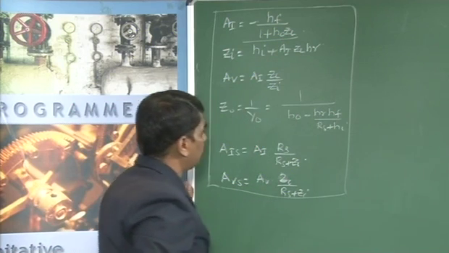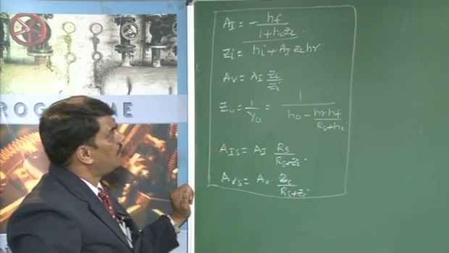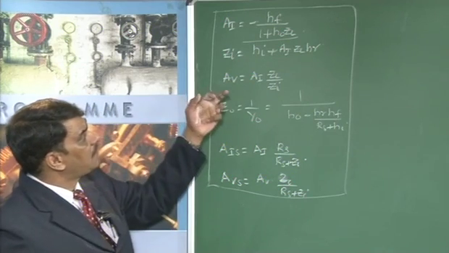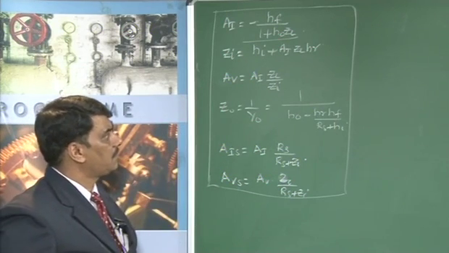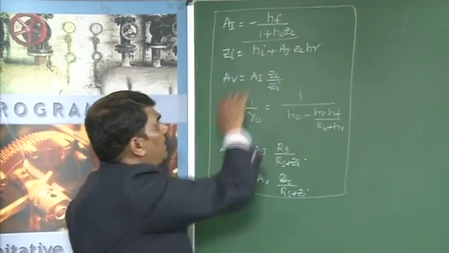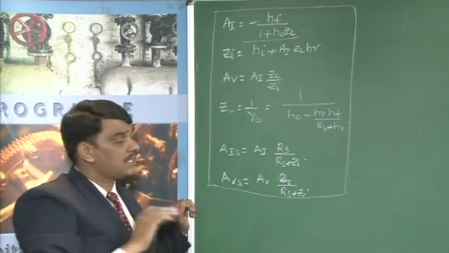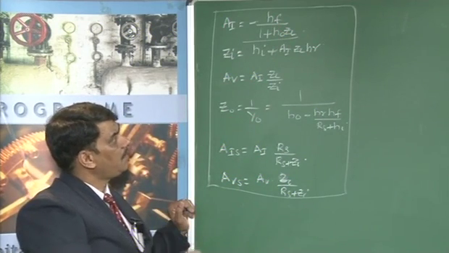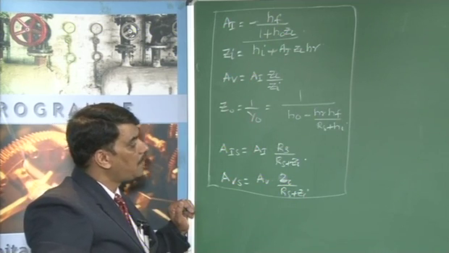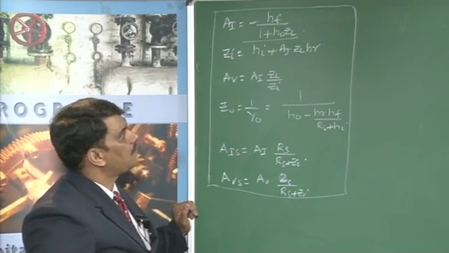Next question is, what is the difference between the common emitter, common collector and common base configuration? Because here there is no second suffix, means here you derived for a general amplifier without considering either common emitter, common collector or common base. Then how do you determine a common emitter, common collector, common base?